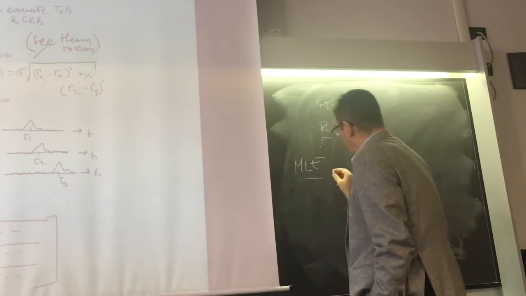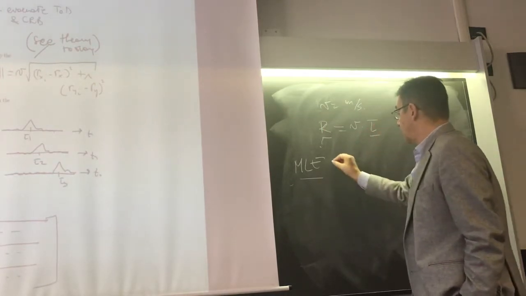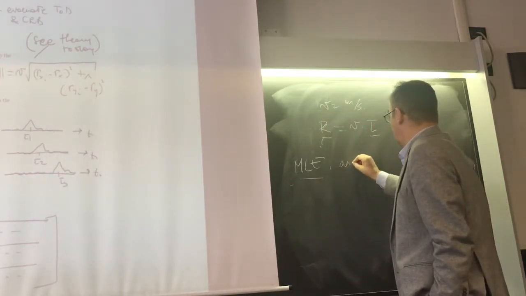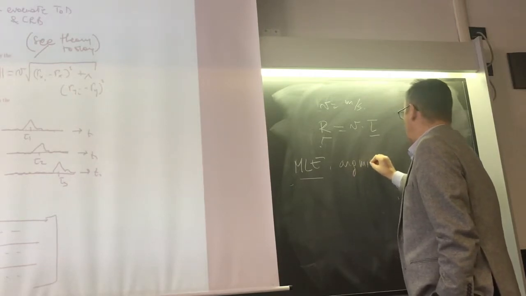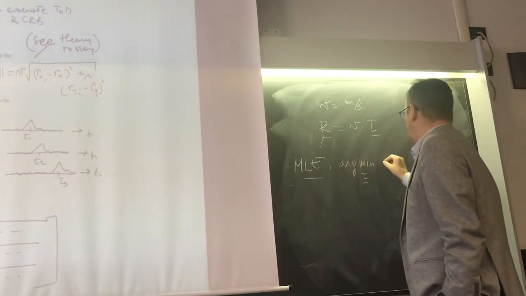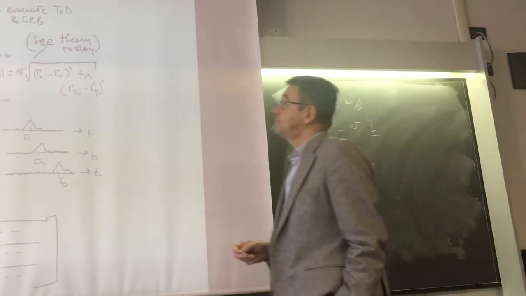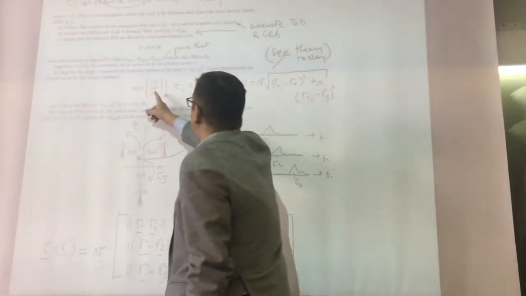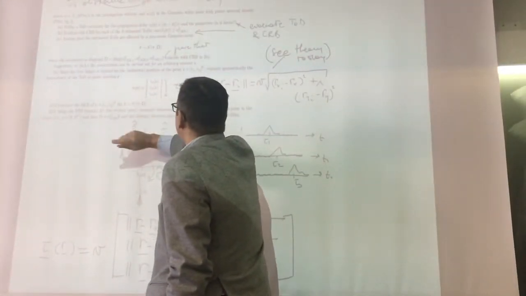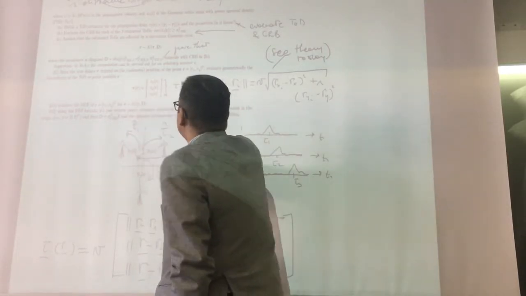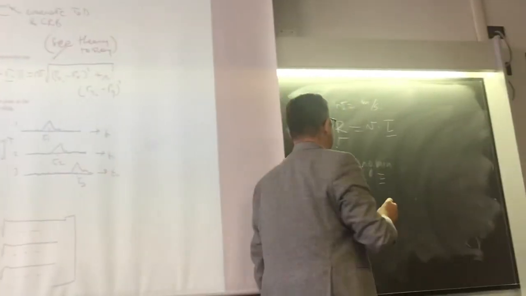Remember that my unknown is the position, so the maximum likelihood is R hat equals argmin with respect to R of the squared difference between the estimated tau and the model tau, and then combine it.